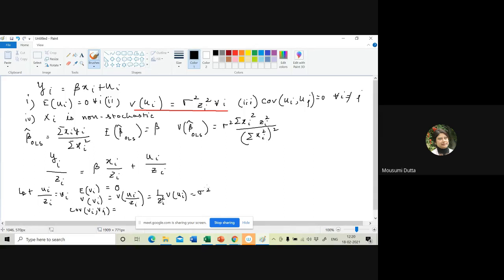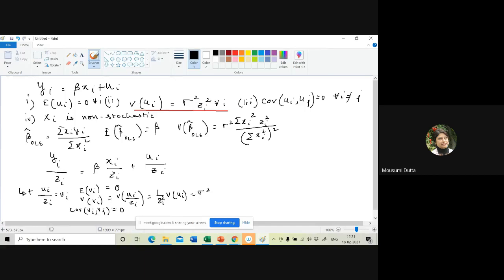And covariance of Vi Vj, since covariance of Ui Uj is equal to 0, this is equal to 0. So while Ui is heteroscedastic and therefore not a classical error, Vi, that is the transformed Ui, is a classical error.